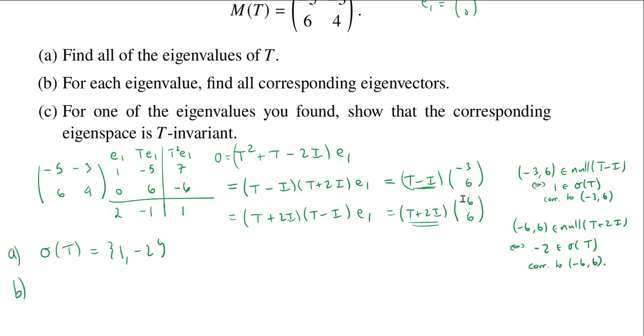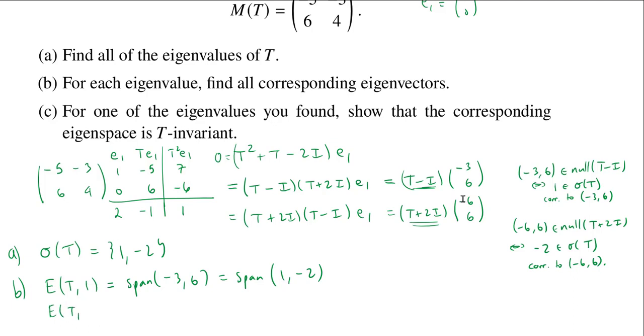And then in B, what are all the eigenvectors? Well, let's write it down here. The eigenspace for T corresponding to 1, right? Well, that would be the span of (negative 3, 6). Or if you like things being a little simpler, maybe we'll divide by negative 3, and we'll get the span of (1, negative 2).